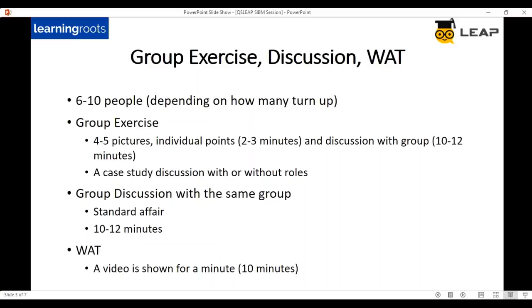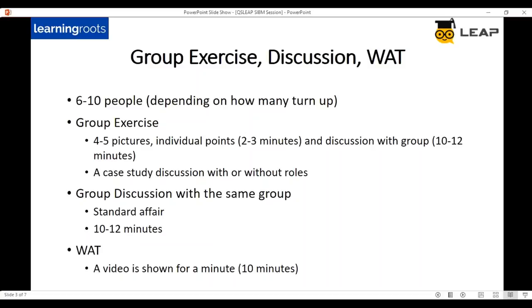Or you might be given a case study for discussion, which will be a generic case study or a business related case study where you have to assume certain roles. Or it can be a group discussion, which is a standard affair lasting for 10 to 12 minutes. And that's it. This is how your GE will work.